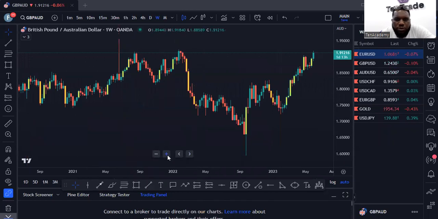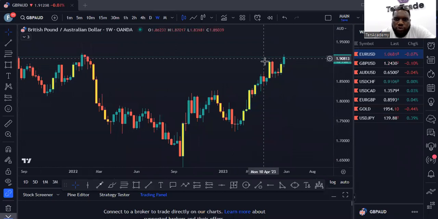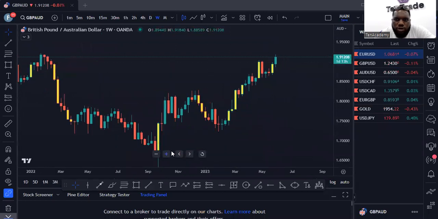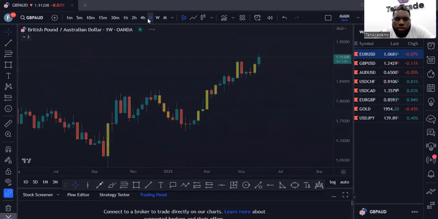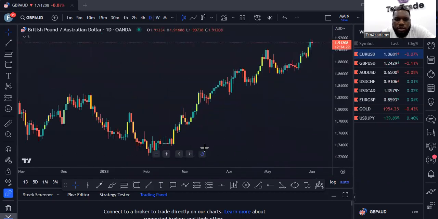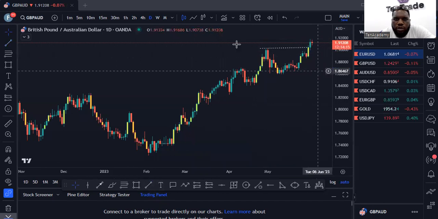On weekly time frame, you can see that this guy is very, very bullish. The strength is bullish. It's giving us new highs, like so, right? If you go to the daily, daily is also bullish, like so. We have higher highs.